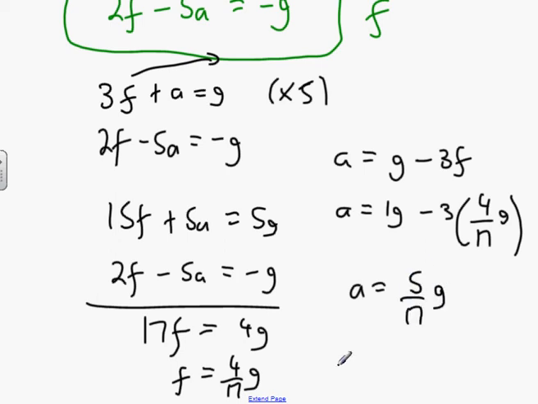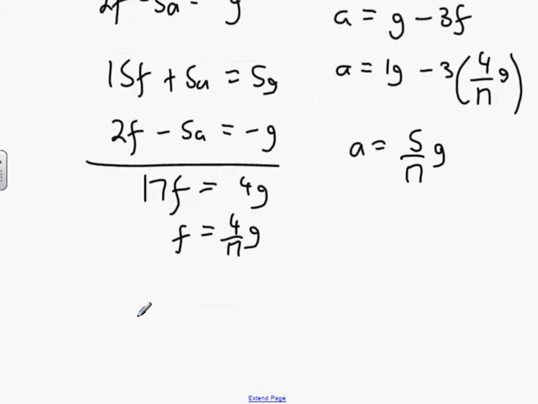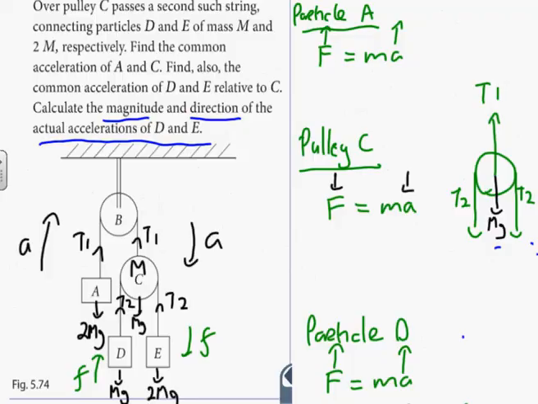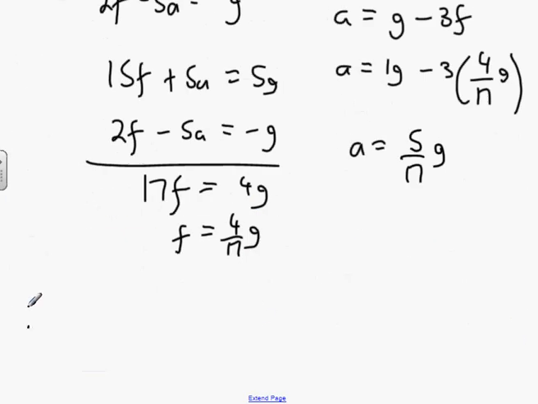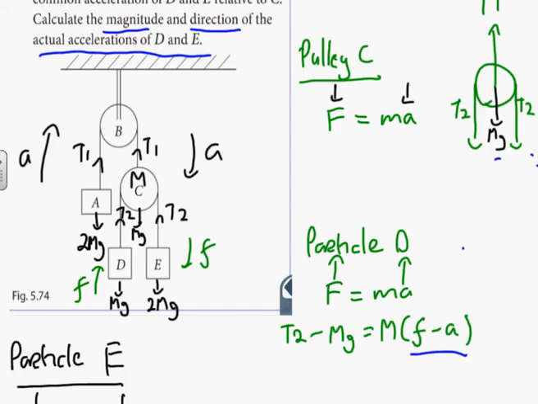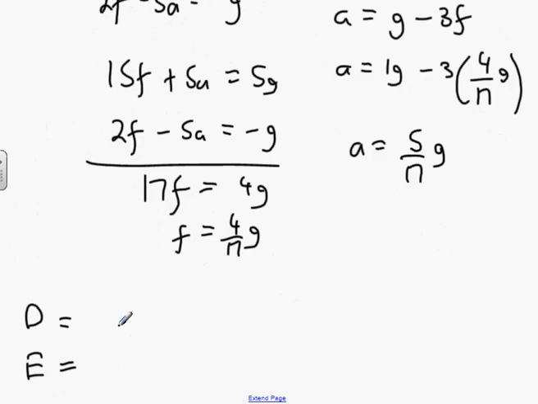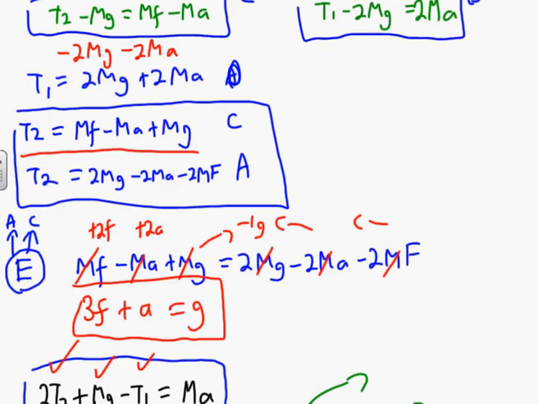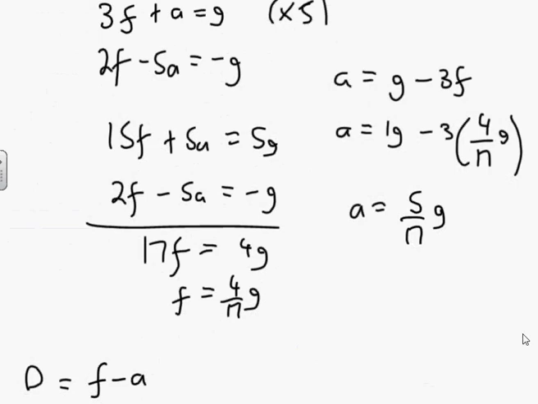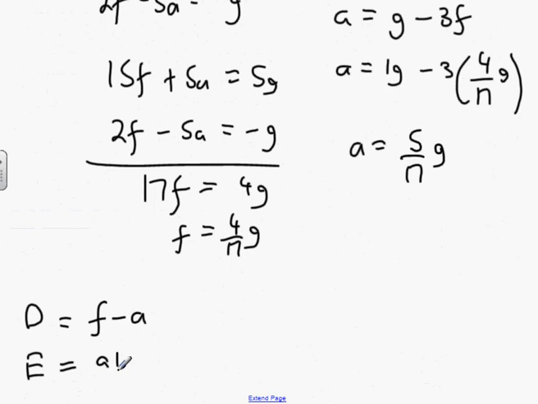That's A and F, that's grand. But what they want me to find out is the actual acceleration of particles D and E. So D and E. What's D again? D is F minus A, and E is A plus F.